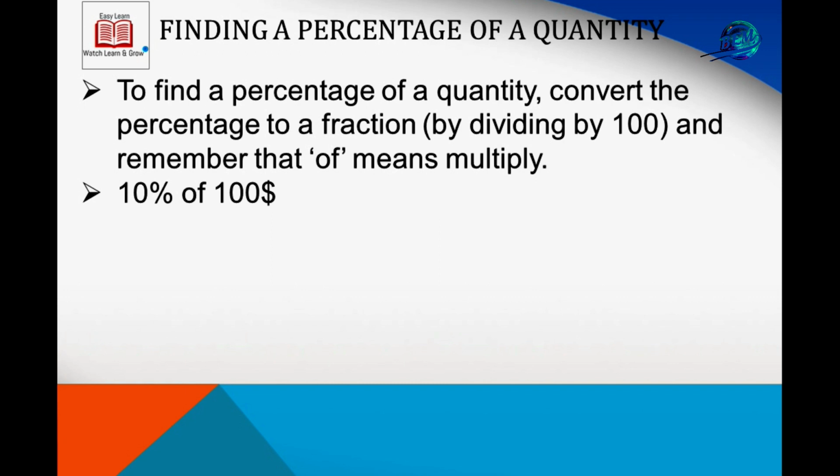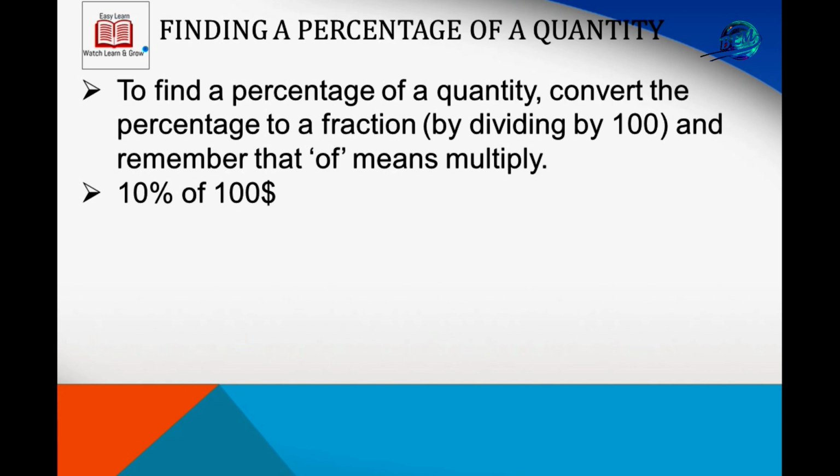As you can see, 10% of $100, 50% of $100, 90% of $100. This is a way I can calculate. I'm finding a percentage of a quantity. The quantity is 100 and this is the percentage I wish to calculate.